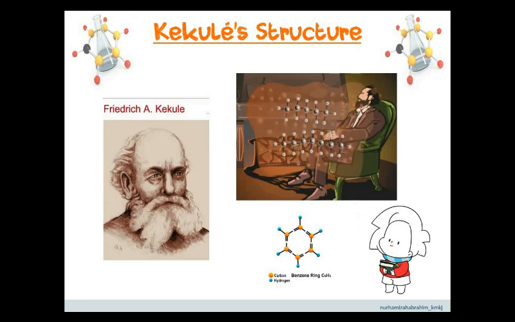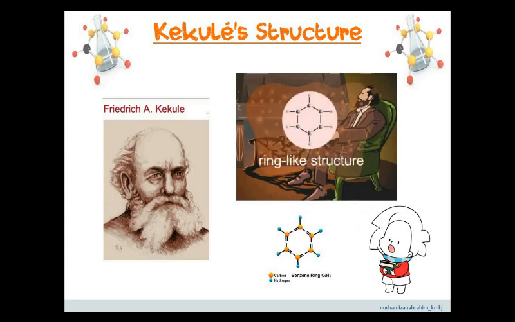As he wrote in his diary himself, "I saw larger structures of manifold conformation, all twining and twisting in snake-like motion. But look, what was that? One of the snakes had seized hold of its own tail, and the form whirled mockingly before my eyes." In this way, Kekule arrived at the hypothesis that the benzene molecule has a ring-like structure, which was soon confirmed by experimental techniques.